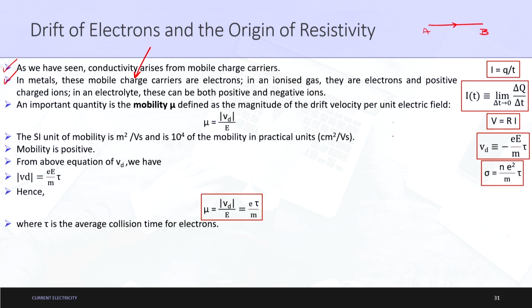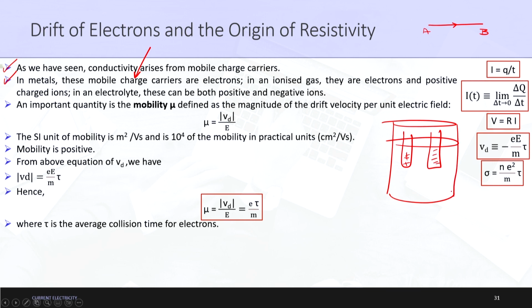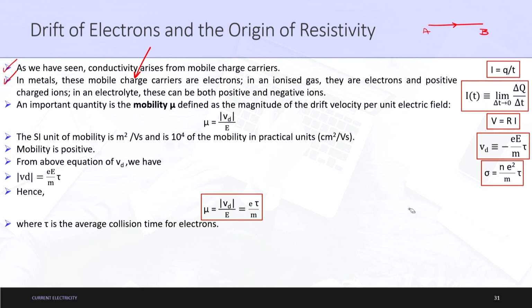An electrolyte is nothing but a chemical solution which has both positively charged particles and negatively charged particles. So in an electrolyte, these can be both positive and negative ions. This is the only explanation here. Let us move with the further discussion. This is just a theory part.